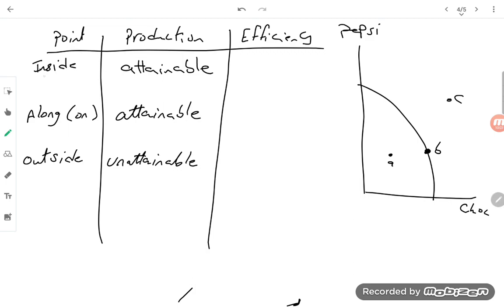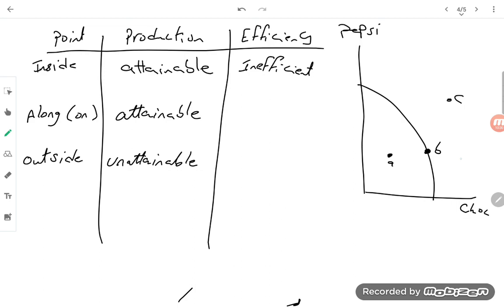So in case of inside PPF, a point inside, just like point A, our resources are not fully utilized. This means that this combination is inefficient. What about point B?